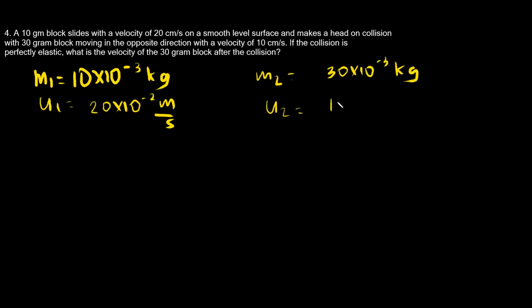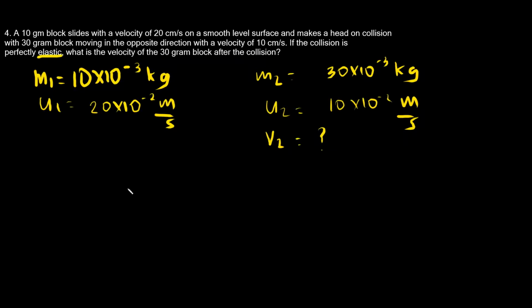Initial velocity is 10 times 10 raised to negative 2 meters per second. Now, the collision is perfectly elastic. So, meaning, after collision, they separate. Now, what is the velocity of the 30-gram block after the collision? So, what is its final velocity?